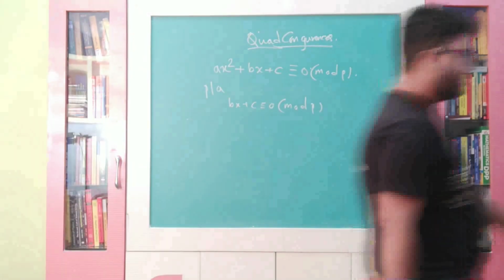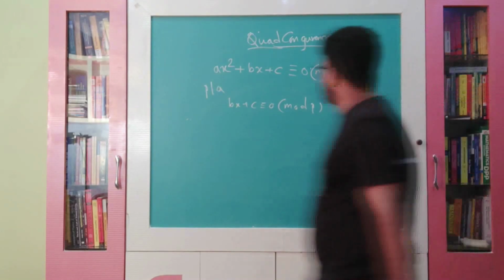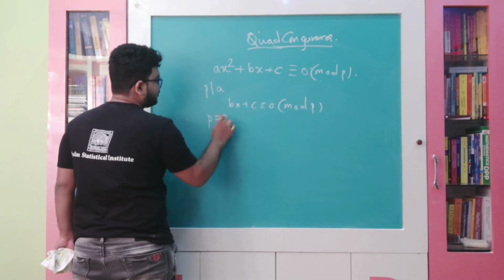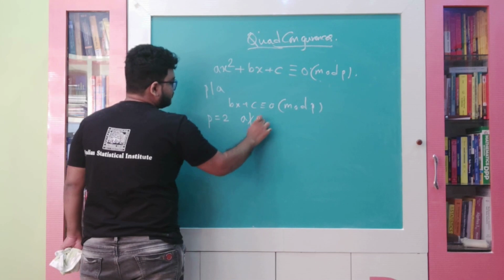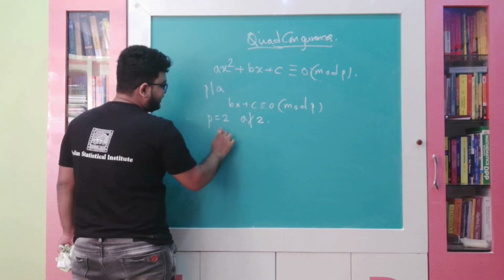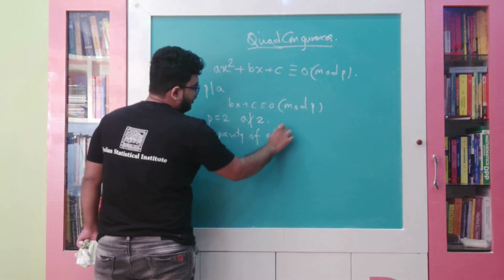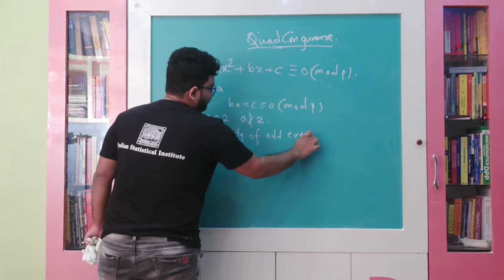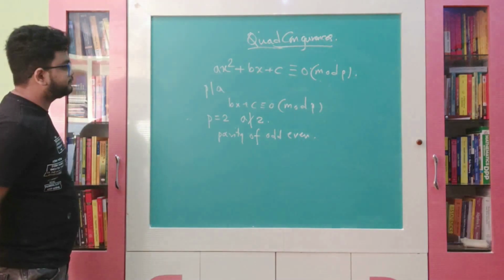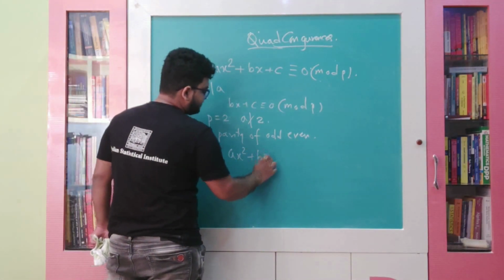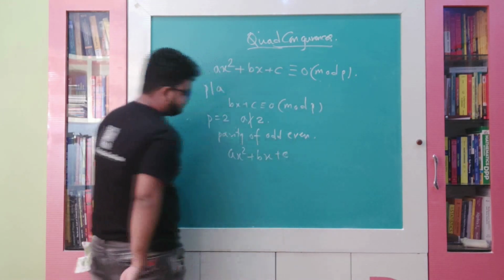Now if p equals 2 and p does not divide a, then by parity of odd and even, we can still solve ax squared plus bx plus c.